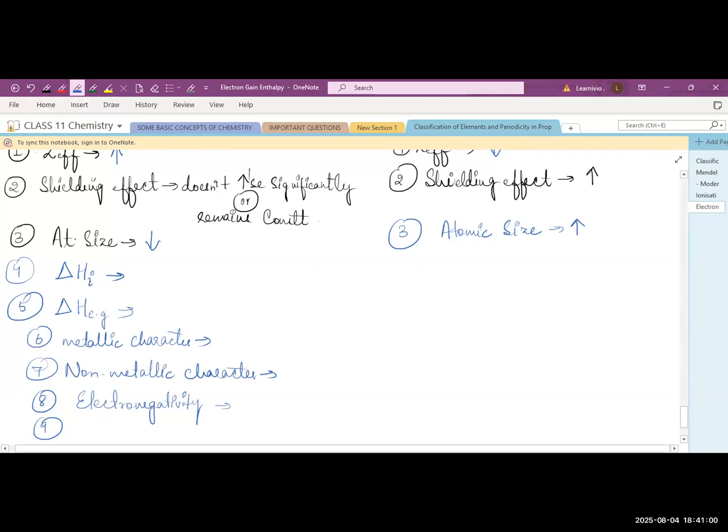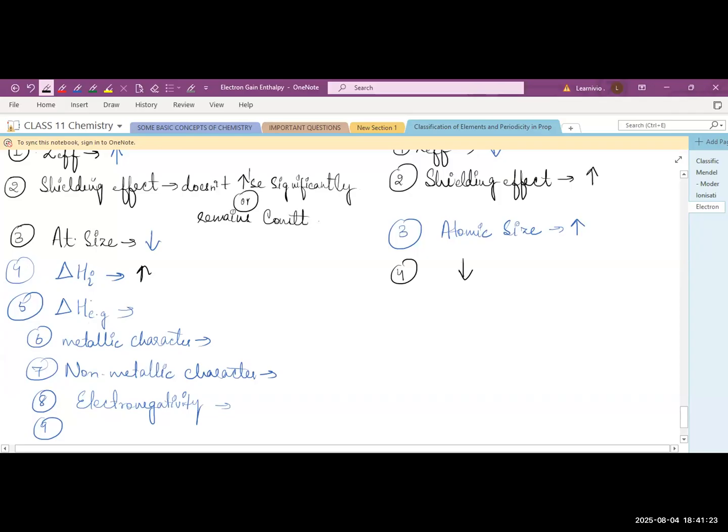Now just tell me, Aisha, what about the ionization enthalpy in period and group? In a group it decreases, and in a period it increases. Good.